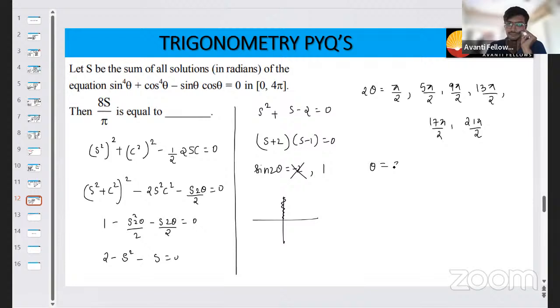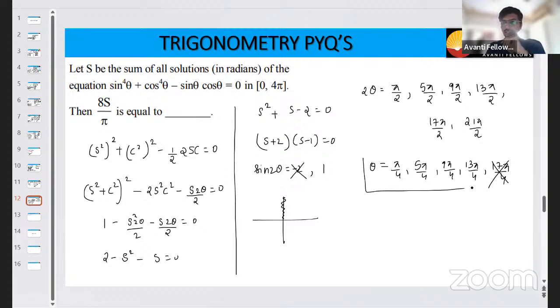So theta will be pi by 4, 5 pi by 4, 9 pi by 4, 13 pi by 4, 17 pi by 4. ये तो नहीं आया. I think इतने ही वैल्यूज आएंगे because theta is between 0 to 4 pi. S is the sum of all solutions.